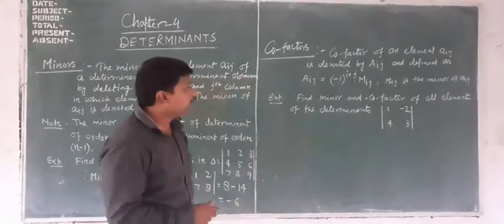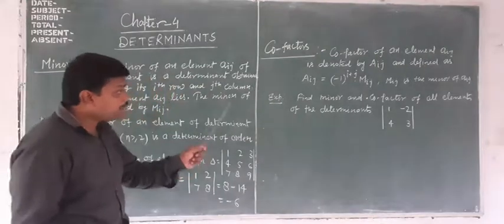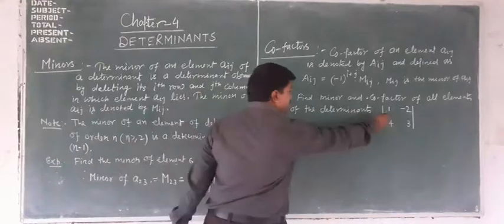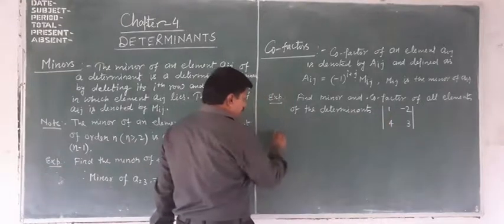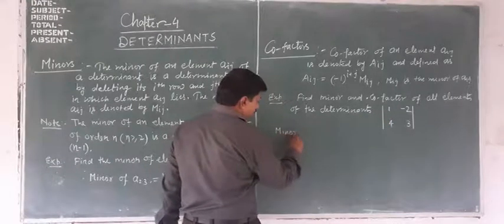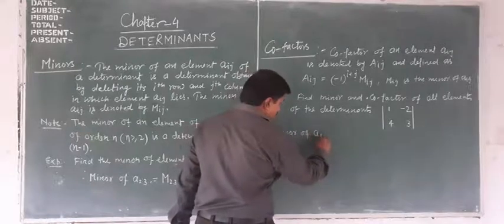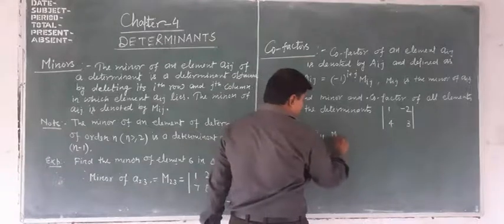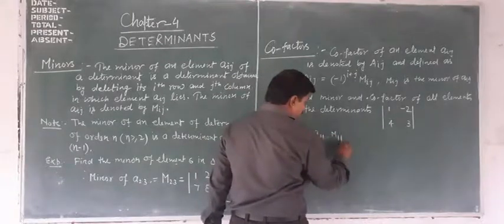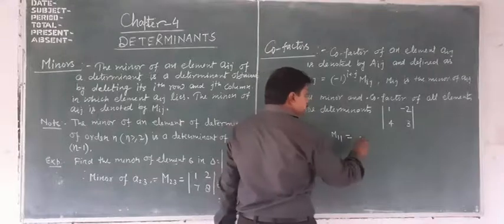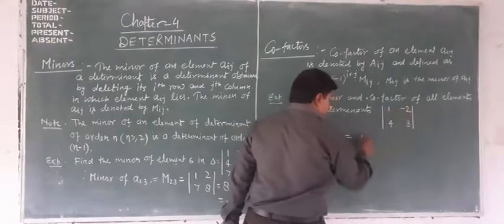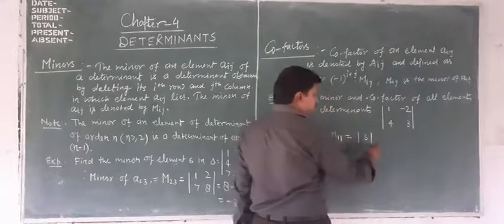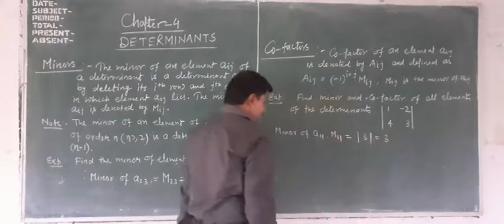Similarly, we can give one example: find the minors and cofactors of all elements of the determinant. The first element: the minor of a11, which is first row, first column, denoted by M11. Deleting that row and that column, we only need to find a determinant of order 2, so this value is 3.